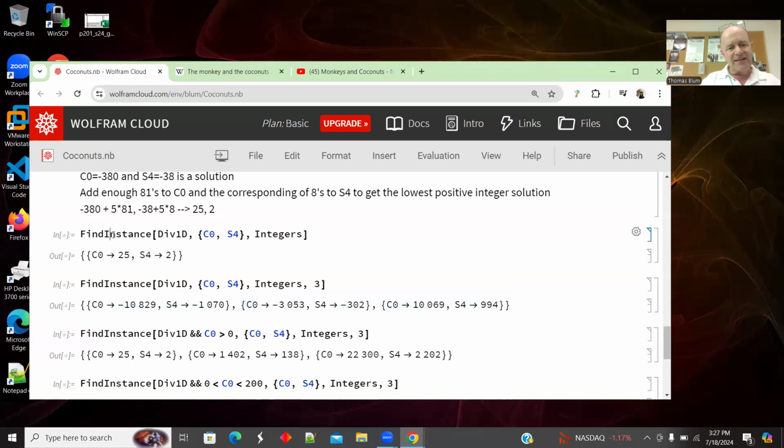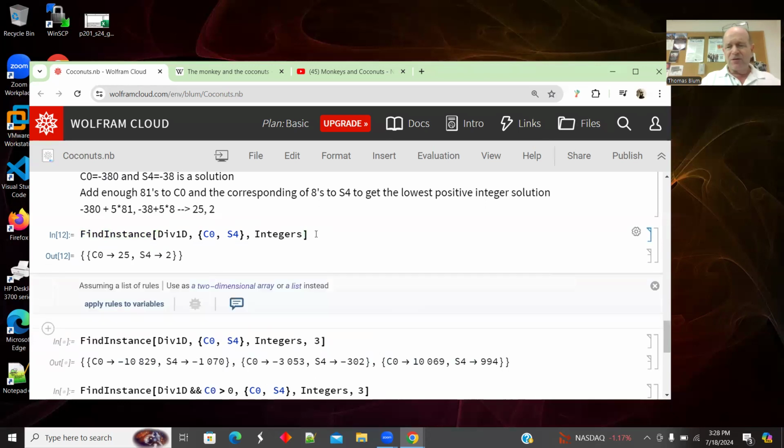So I am finding an instance of Div1D, for C0 and S4, and I'm specifying that I want them to belong to the integers. And without any work, it just happens to give me the 25-2 answer that I like.